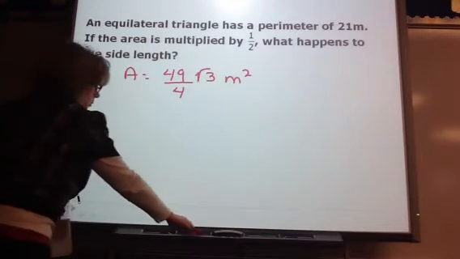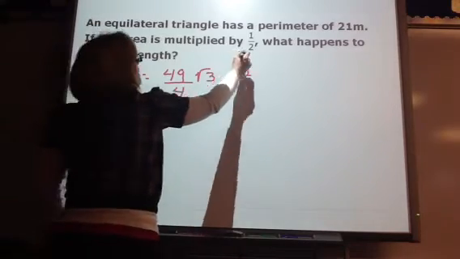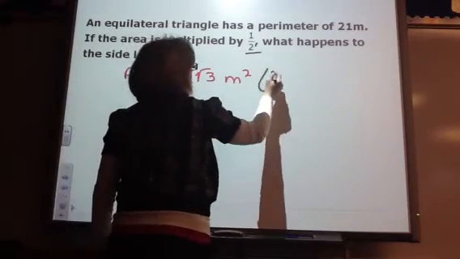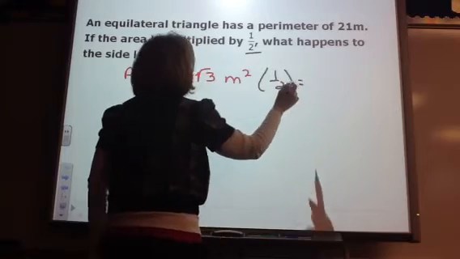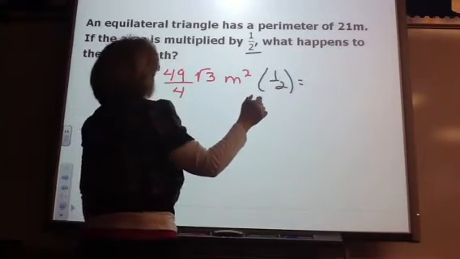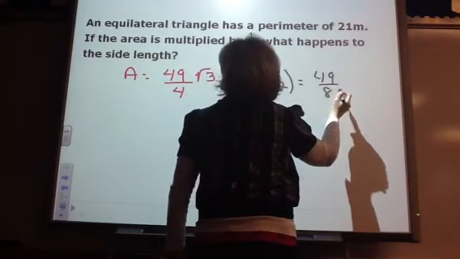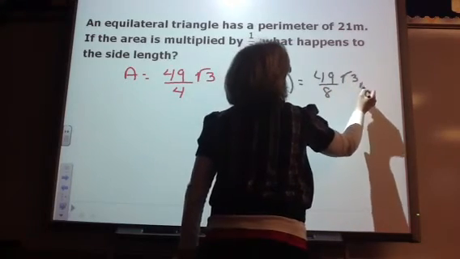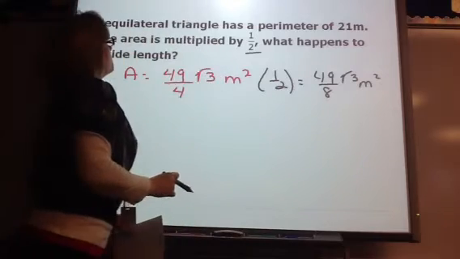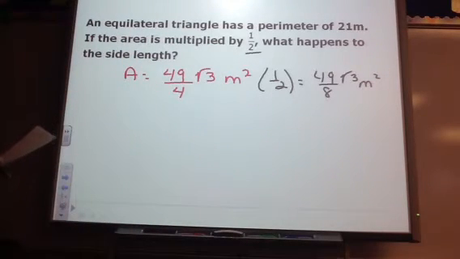Okay, and what we need to do is we need to multiply this by 1/2. And when we do that, we're going to get 49/8 square root of 3 meters squared. And we want to know what happens to the side length.